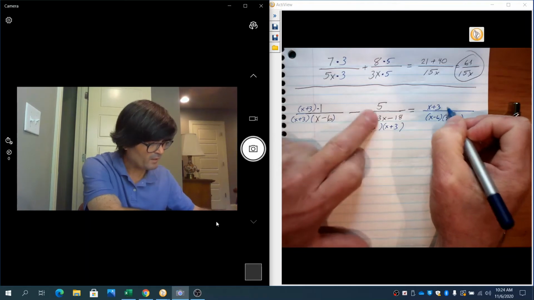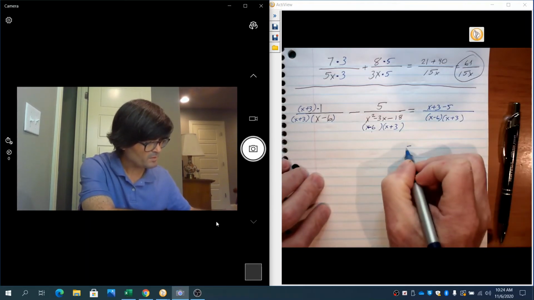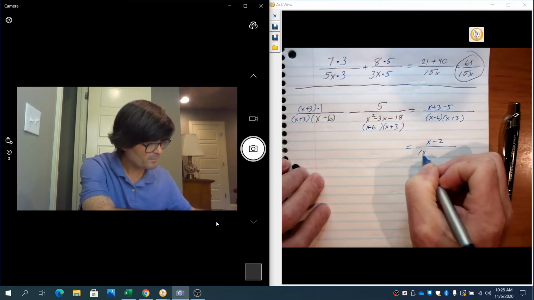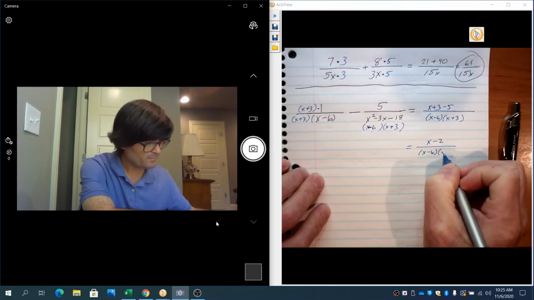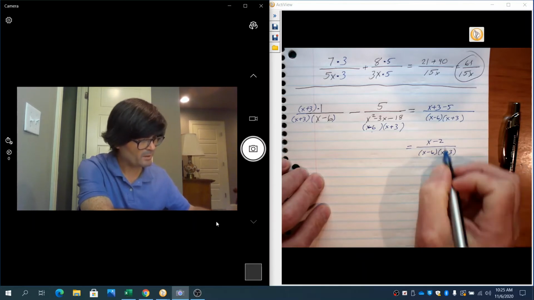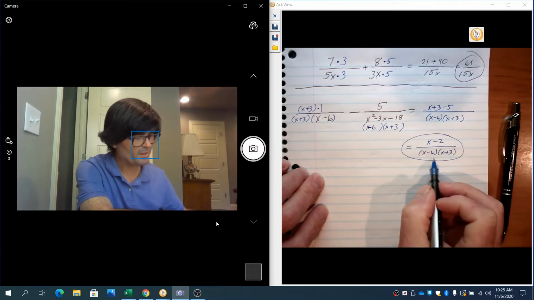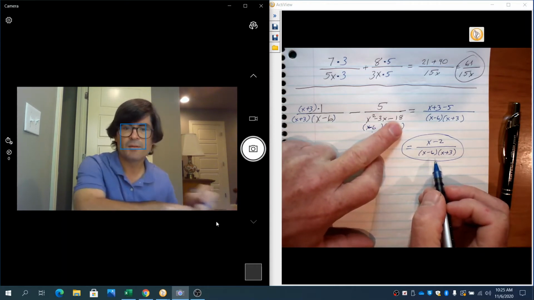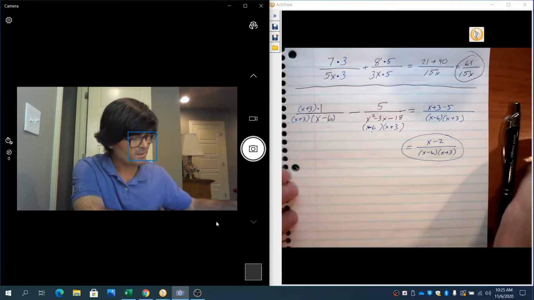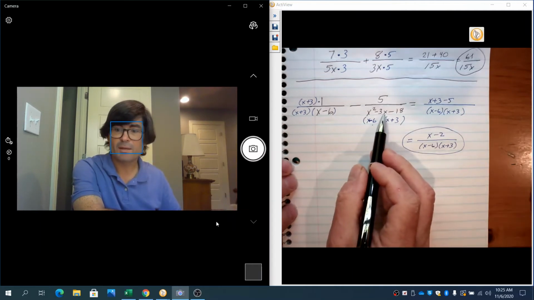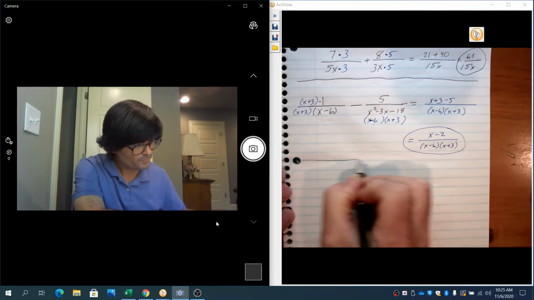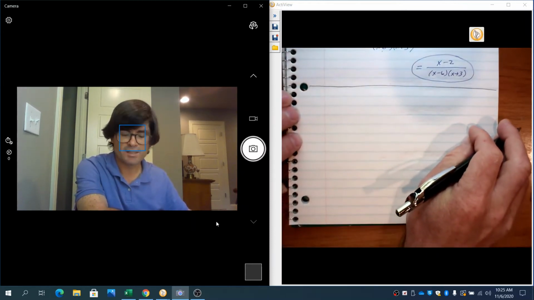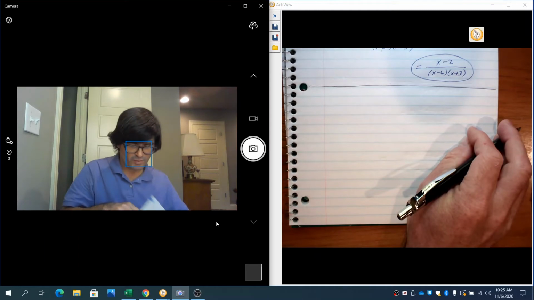And then minus 5 results in x minus 2 on top. And x minus 6 times x plus 3 on bottom. That is my answer. You can multiply this out to be x squared minus 3x minus 18 again if you choose to do so. So that's one where you have to factor the bottom first in order to figure out what you need as a denominator. Let's try a few more here.